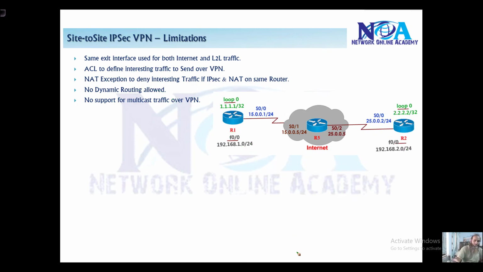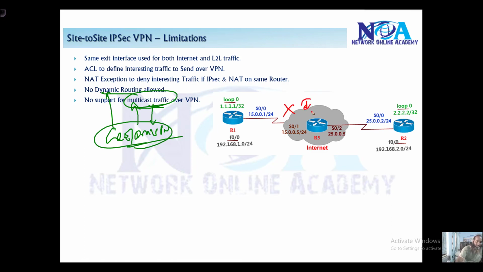Unlike that, if you see the GRE and the DMVPN options, they do support these two things. They allow the routing protocols to be configured, and dynamic routing is allowed, and you can still send multicast traffic over the VPNs with GRE or DMVPN, but not with IPSec VPN. So if you have any multicast traffic running between these two LANs, that is not supported.